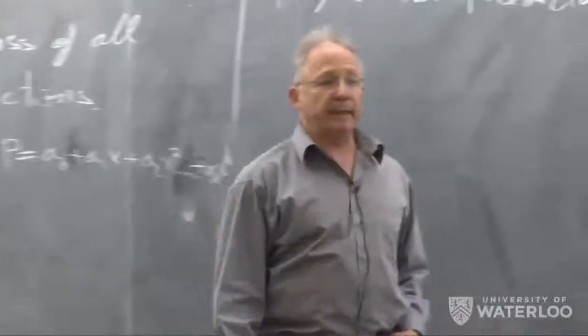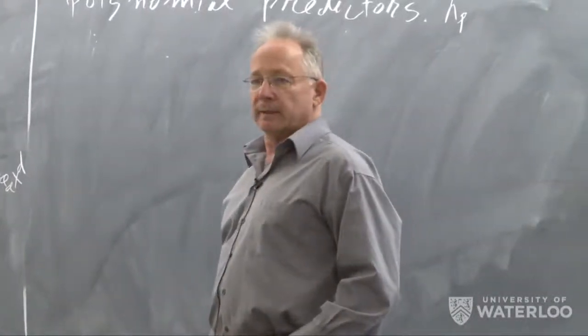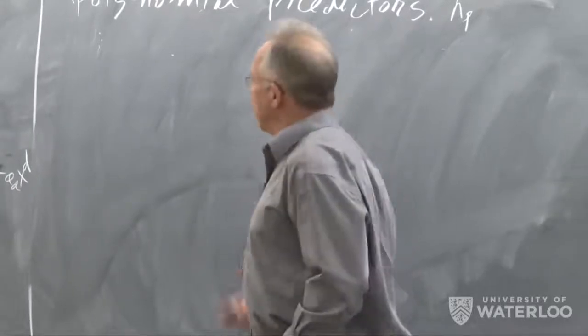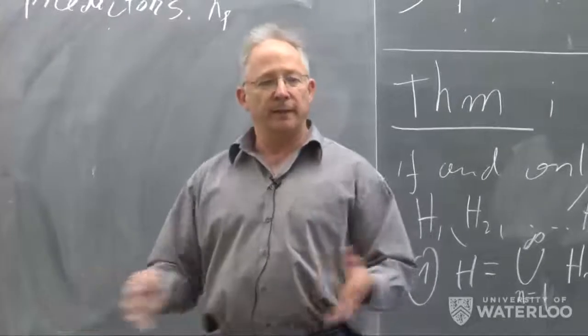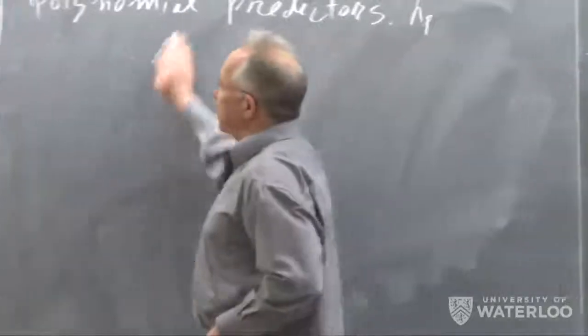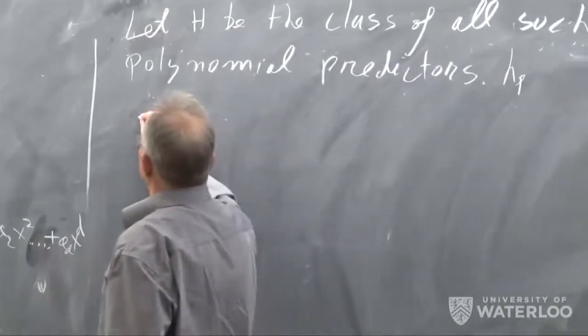So this is a very big class, because it turns out that I can approximate with this every predictor over the 0, 1 line. But it's a very big class, and I make here two claims.